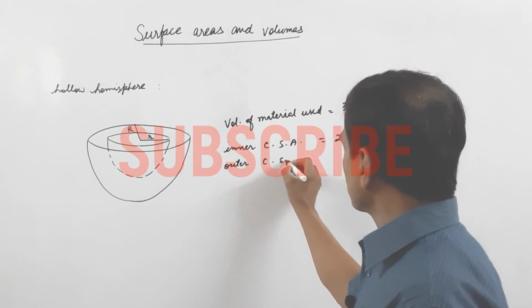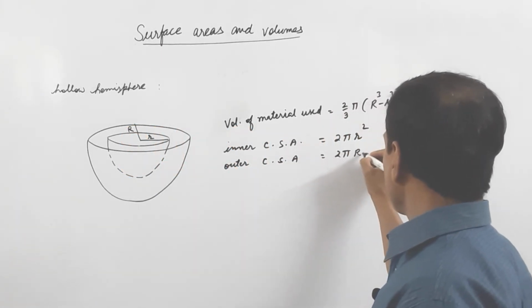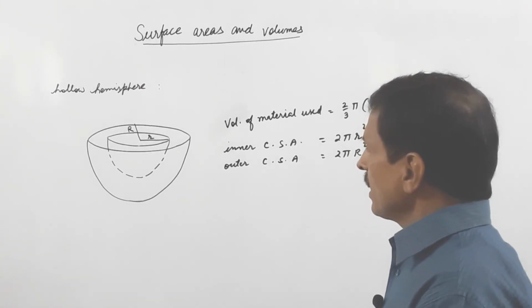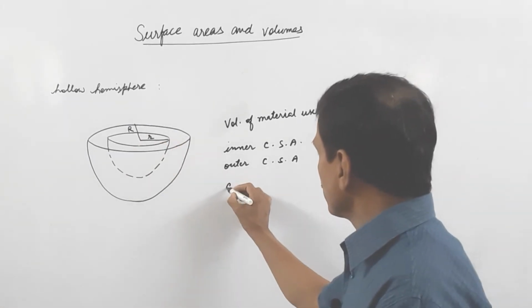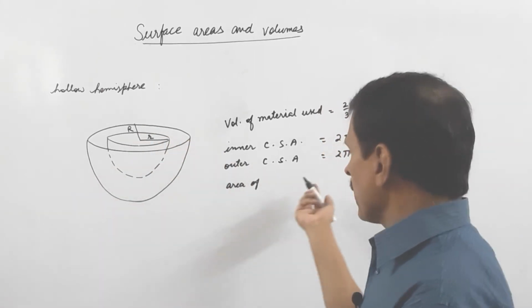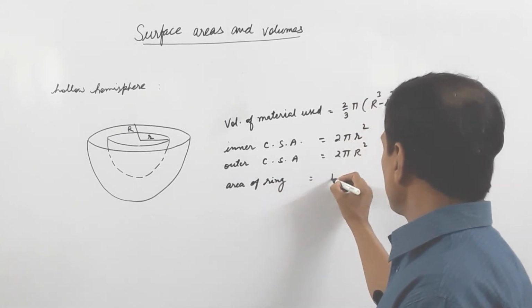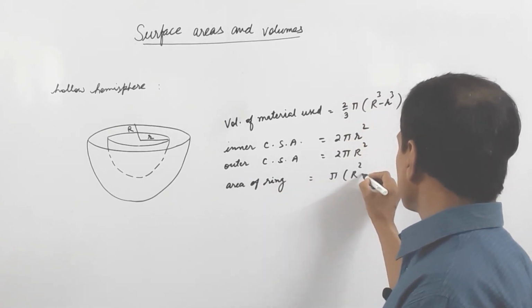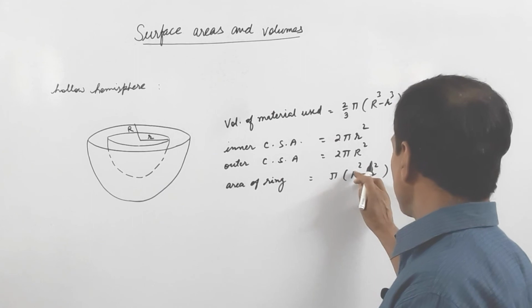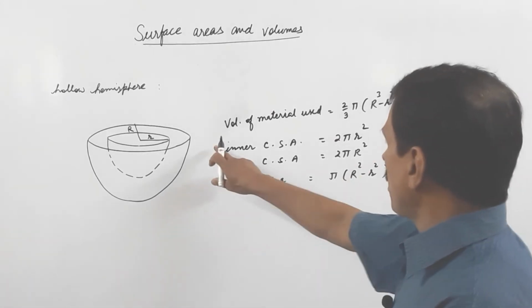Outer curved surface area is equal to 2 pi capital R square, and area of the ring, or rim, is equal to pi times capital R square minus small r square, and total surface area is the sum of all three.